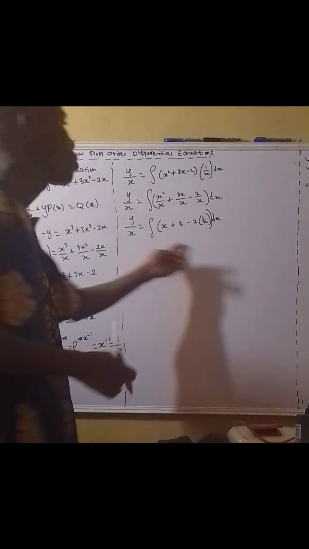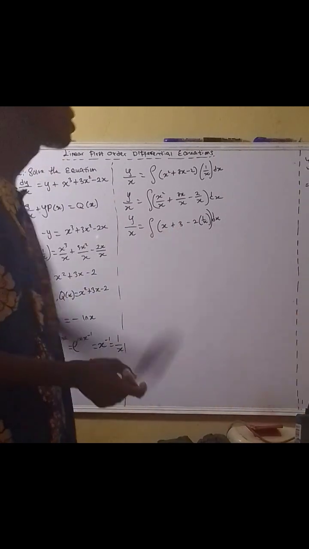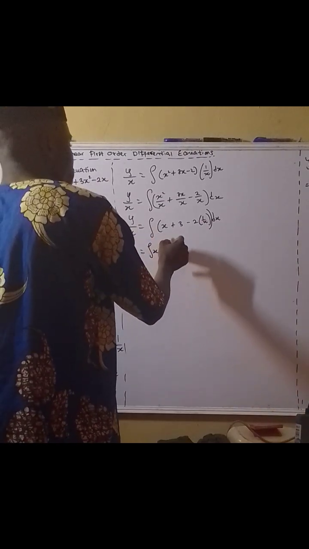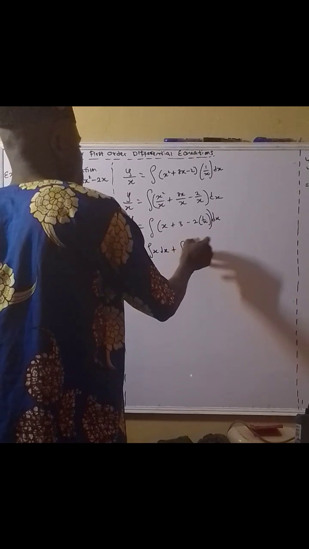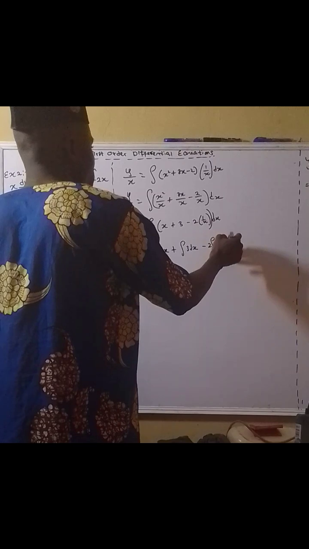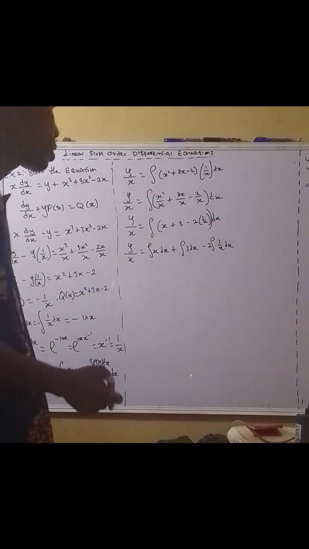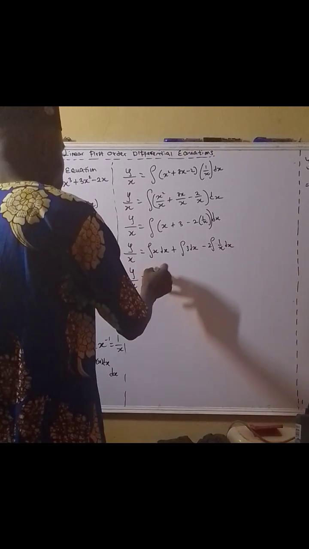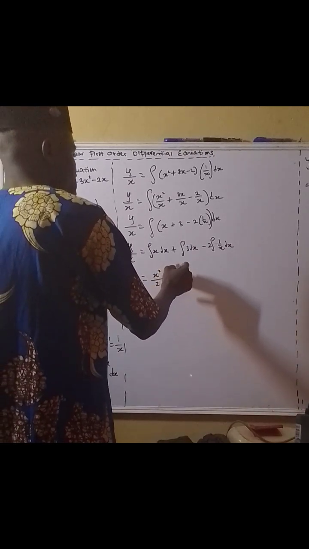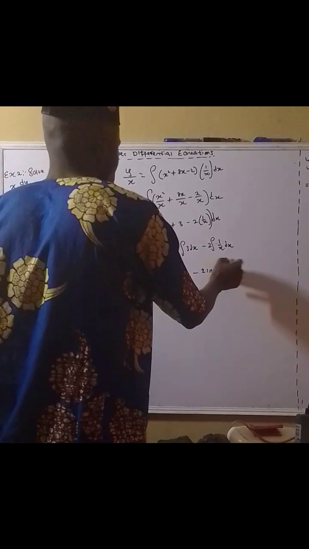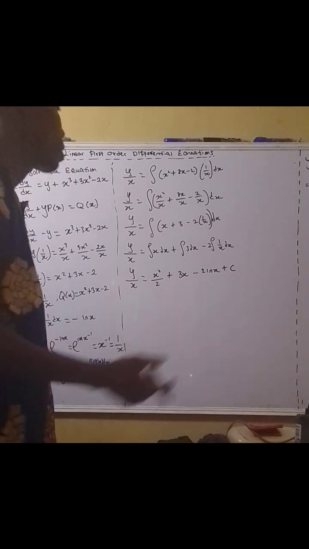At this point, we are going to integrate them one by one: integrating x, integrating 3, integrating negative 2 over x. So you have y over x equals the integral of x dx plus the integral of 3 dx minus, the constant 2 can come outside, the integral of 1 over x dx. So that is it. You have y over x equals x squared over 2 plus 3x minus 2 ln x plus c. Integrating 1 over x gives us ln x, do not forget that.